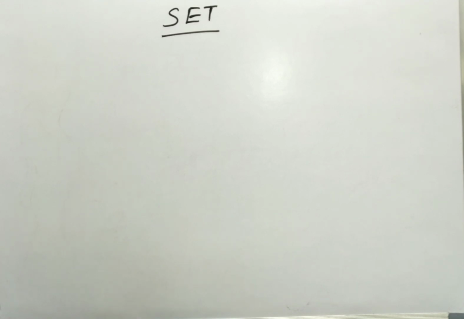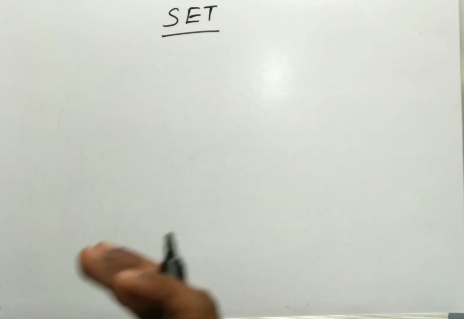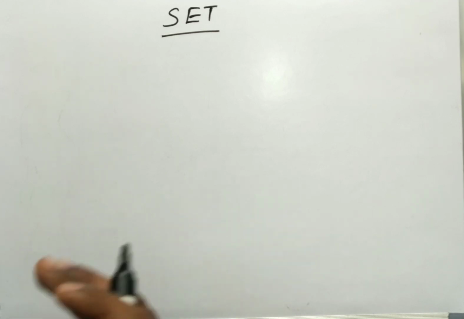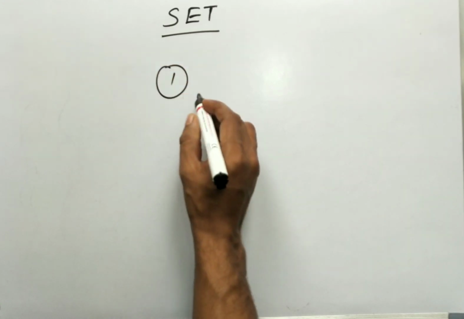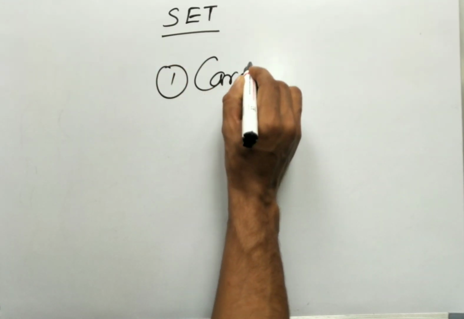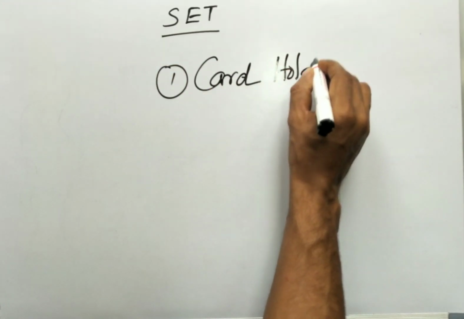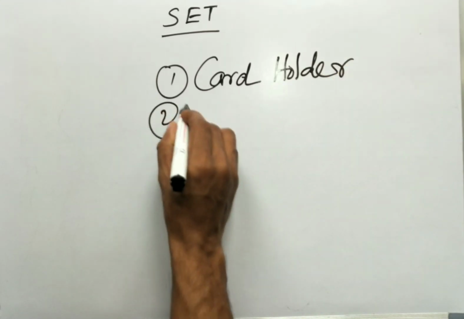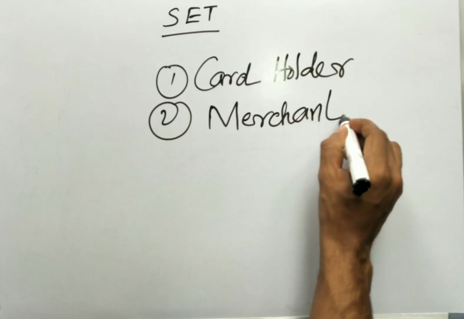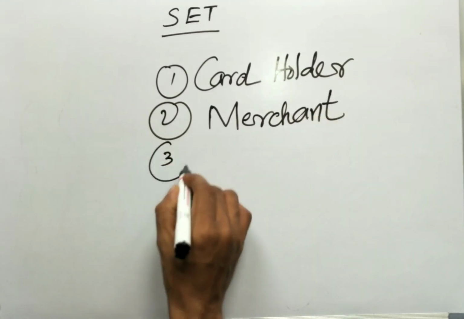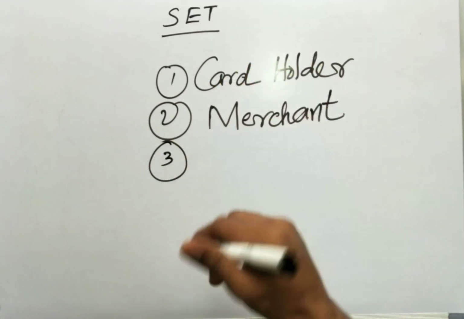Now first of all we have to discuss who the role players in the SET protocol are. The first one is obviously the card holder, the customer. Second, obviously the merchant, the party with whom we are conducting the business.